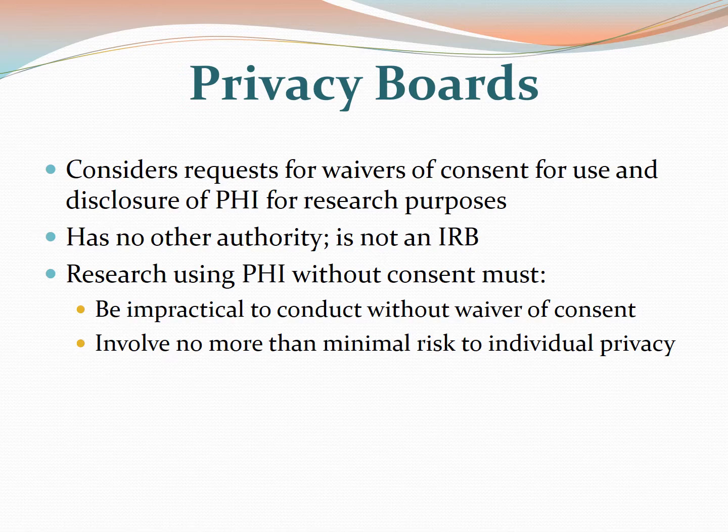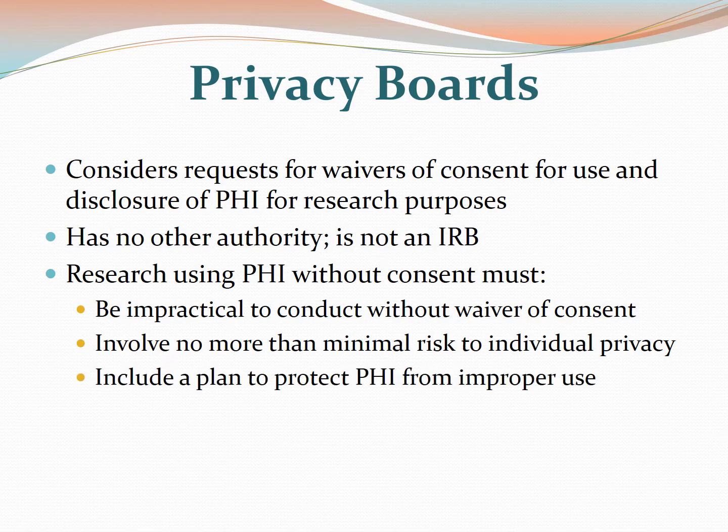And the IRB or the privacy board is going to ask very detailed questions about how you're going to ensure that it involves no more than minimal risk. It also has to include a plan to protect PHI from improper use. It has to be more than just, I promise we will not use PHI improperly, but you have to say what steps are going to be undertaken to protect the PHI.